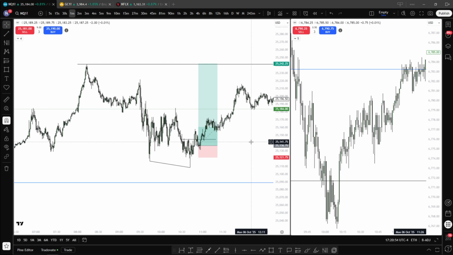Time literally just verifies everything. Because you should know when your Judas swing's happening and when your distribution's happening. By the time your distribution is open, you'll know which way that distribution's going, because your manipulation has gone in the opposing direction. Okay, so that's that.